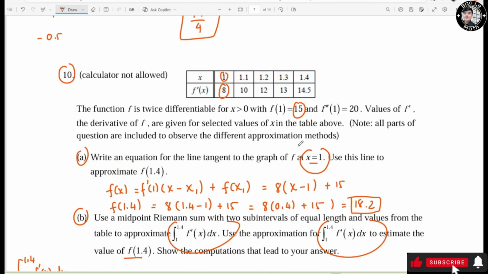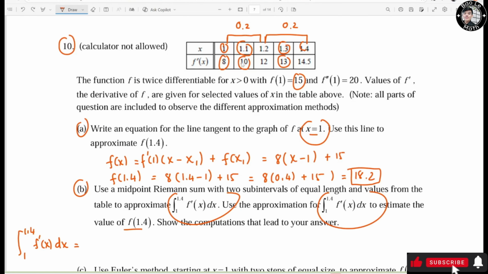We look at 1 and 1.4 right here. We have the interval 0.2 and this one 0.2. The midpoint is right here. This is the s value and the height is 10 and 13 right here.